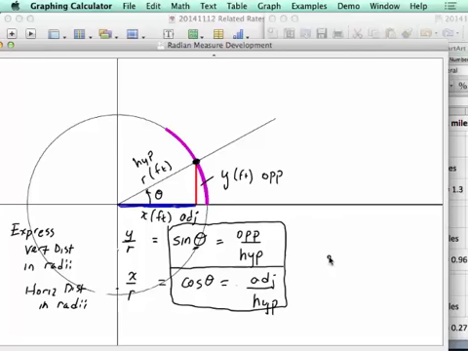Okay, then there's another one. Tangent. If we were to draw a tangent line over here, like this, and took the length to the ray, from there to there, and measure that in terms of the radius, it would be the same ratio as our red stick to our blue stick. Opposite over adjacent.